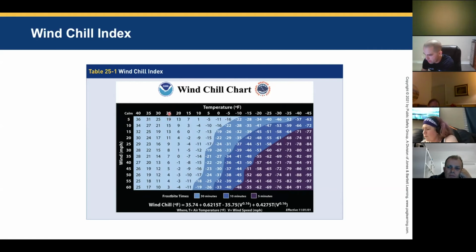Whereas if we go with that 25 degree, but now we go to 20-mile-an-hour winds, it may feel like it's 11 degrees out. And you see here that as you go up in wind speed, it makes the temperatures feel much colder than they really are. And then also, we see down here that it talks about when we see frostbite.